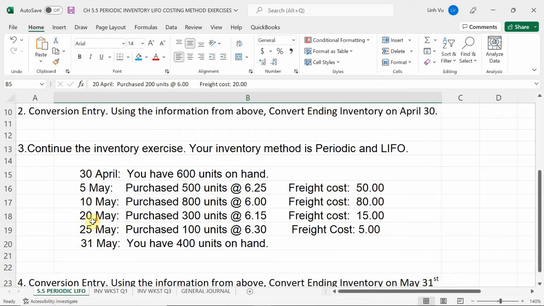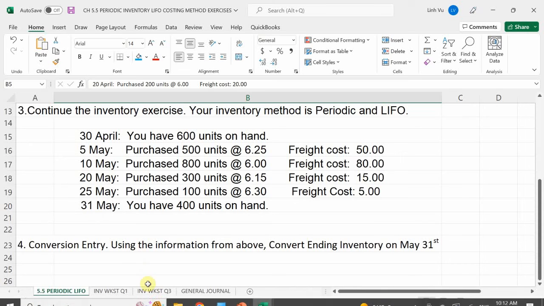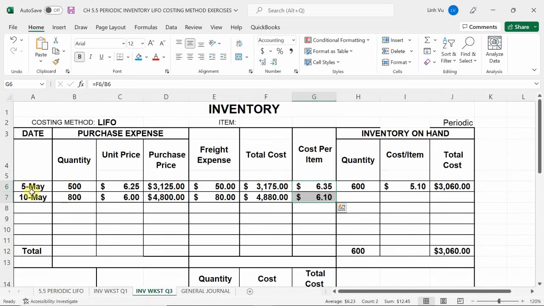Next scenario here says on May 20th, we end up purchasing 300 units at $6.15 each with a freight of 15. Okay, you said 300 units at what price? $6.15.